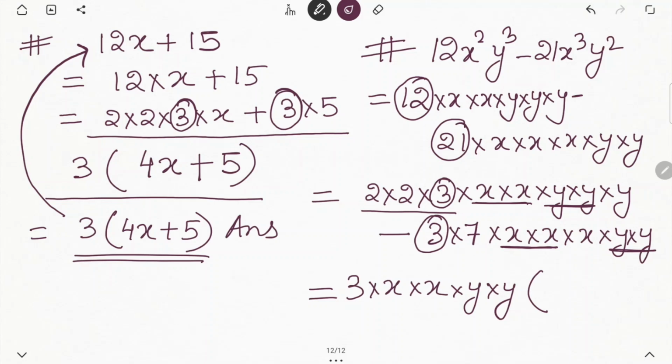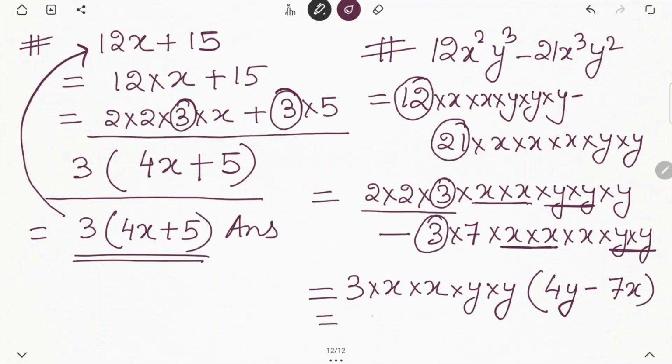So now what is left? What is left out? See, from the first term I have 2 into 2 into y. That means I have 4y. And from the second term I have 7 into x left out. So 7 into x.